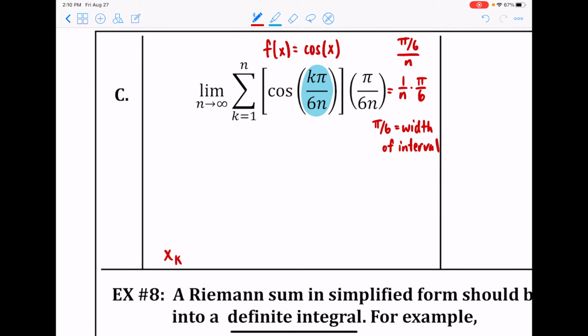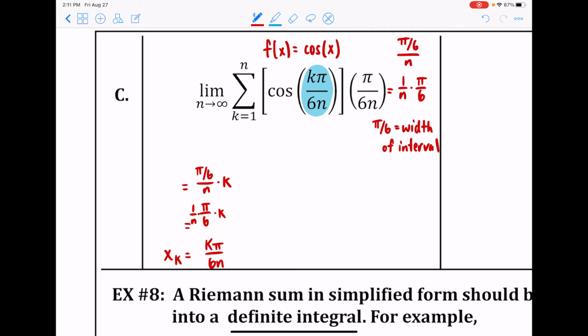If x sub k is k pi over 6n, maybe the step before this we had pi over 6 times 1 over n times k, and the step before that, pi over 6 over n times k.